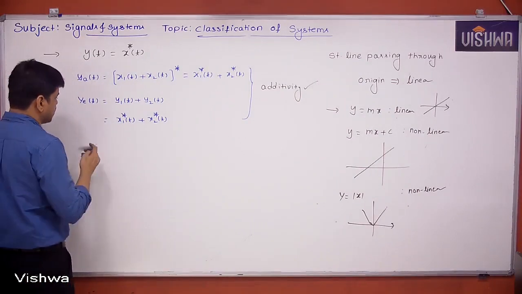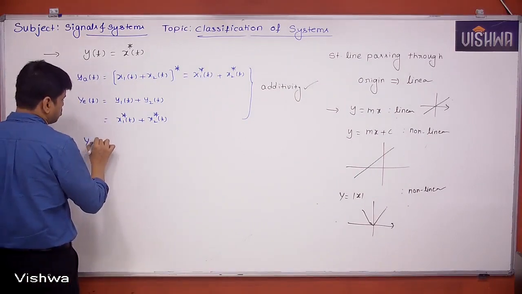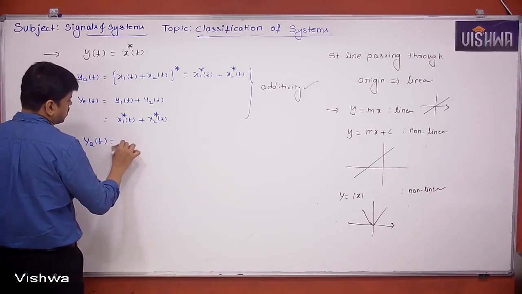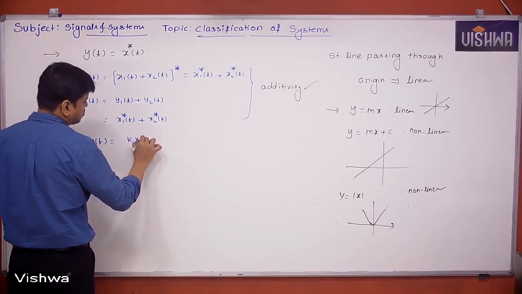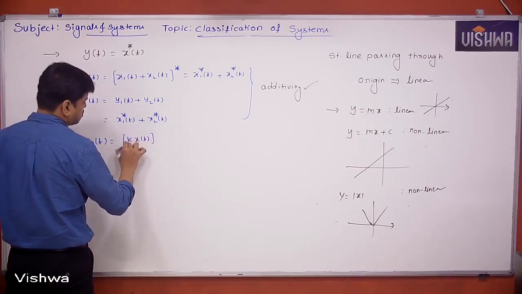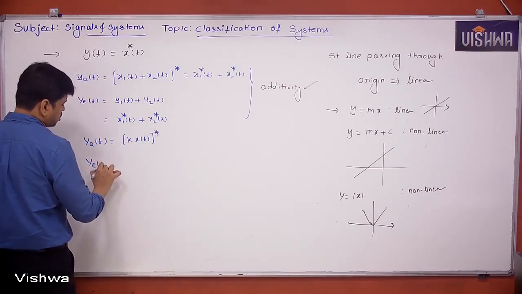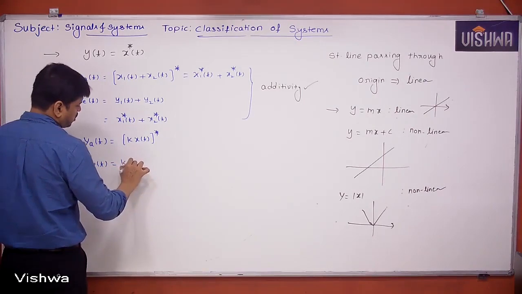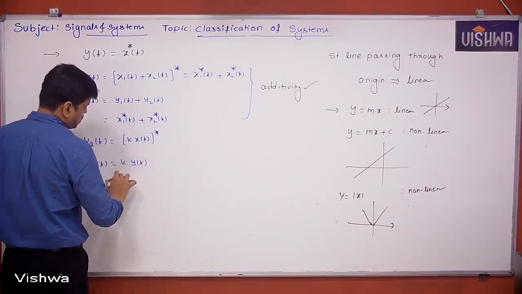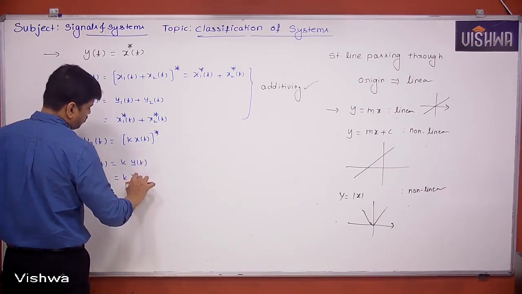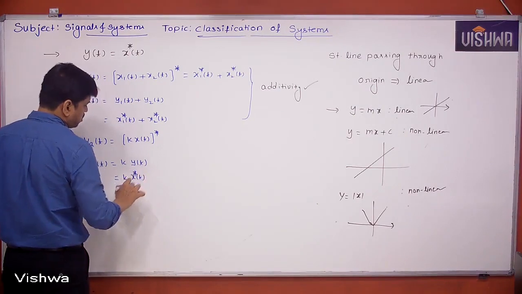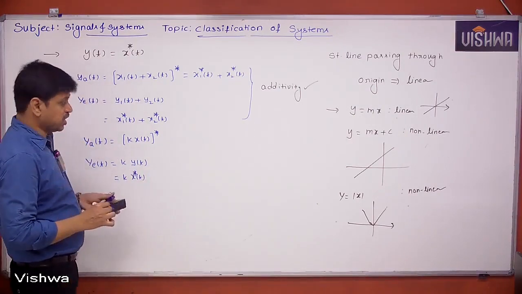In the homogeneity, what is the actual output? x is replaced with kx. Next, what is the expected output? That is ky of t, which is k times x of t conjugate. By observing them, they are not equal. Why?